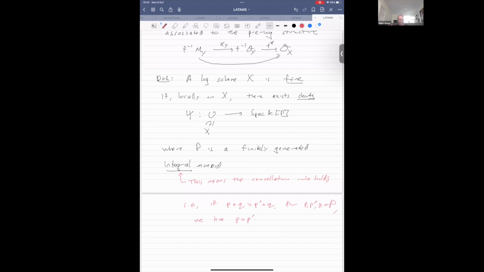So I can cancel. Of course, if it was a group, you could just subtract q from both sides. But these need not be groups.